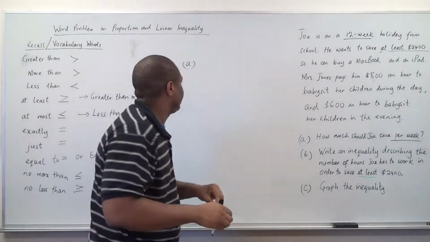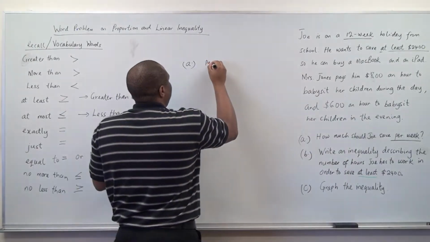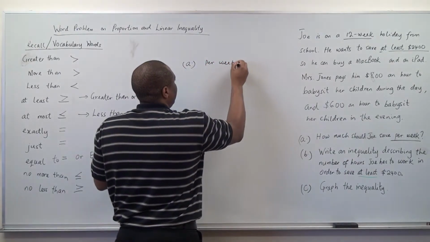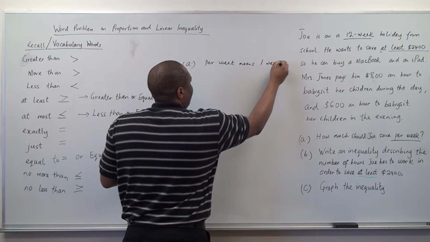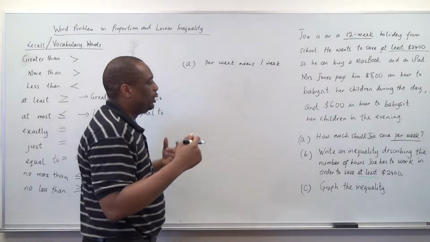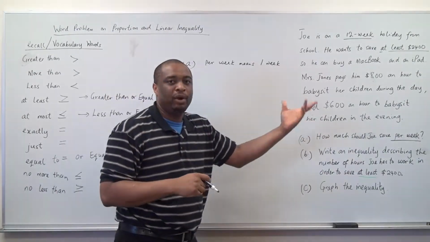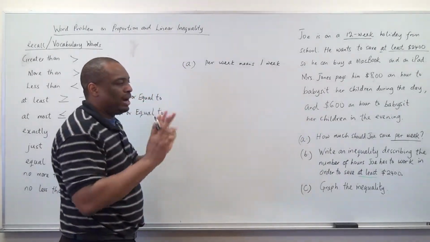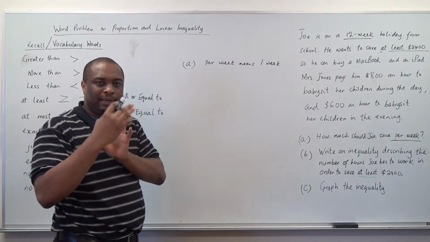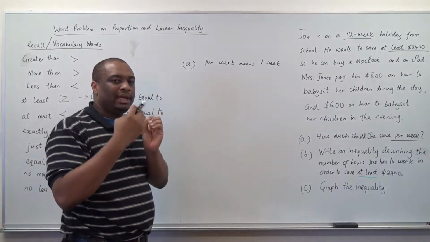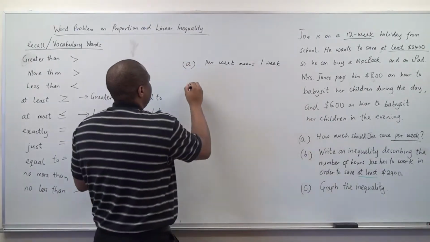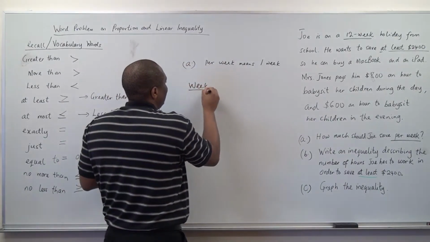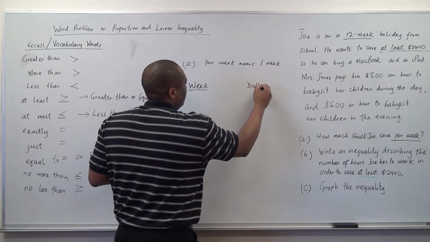Explaining as a proportion. First of all, we know that per week means 1 week. Per. Okay? You want to know how much should he save per week. So, what are the two things they're talking about? Let's establish a proportion. They are talking about week, and they're talking about dollar or money.